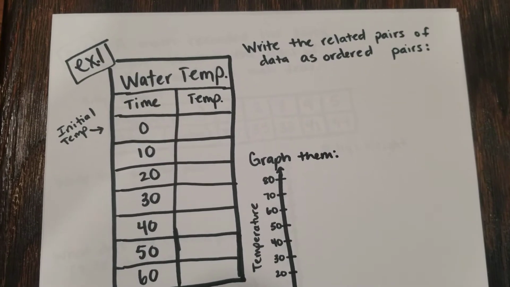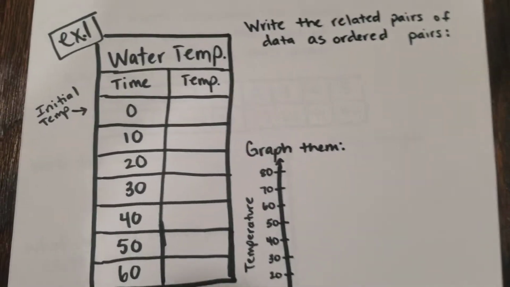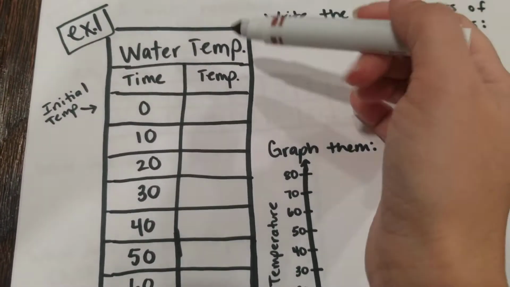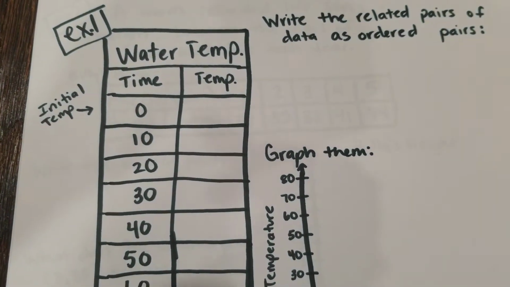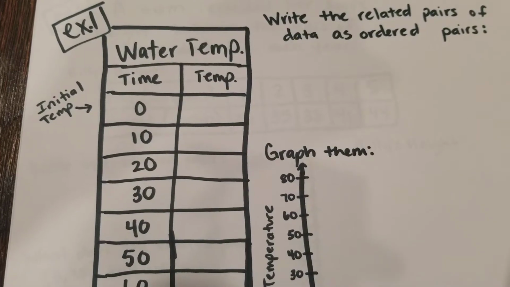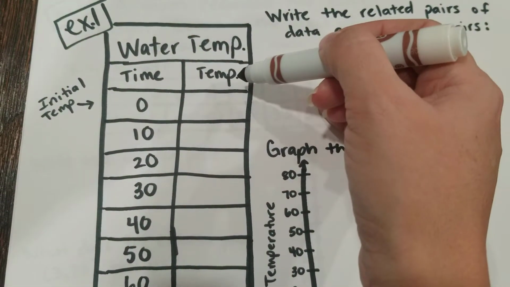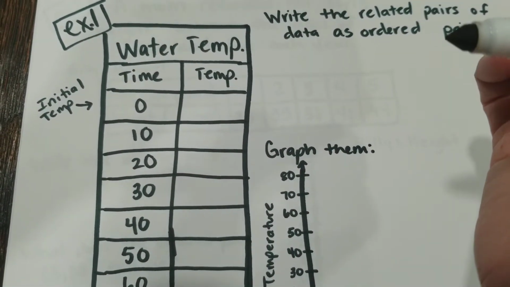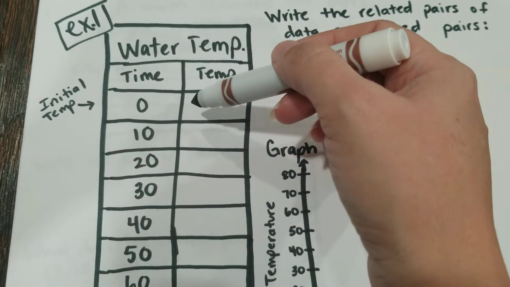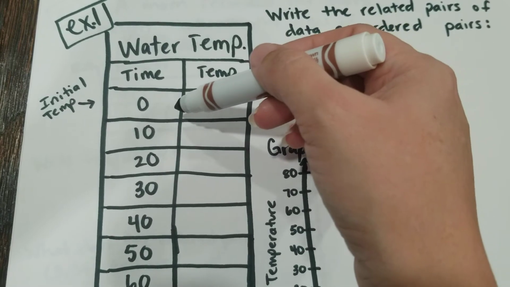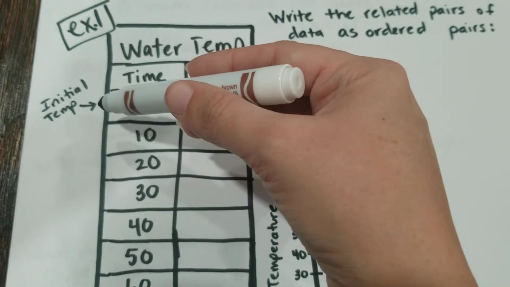Okay, so let's say there is an experiment going on where some kids have a cup of water and a thermometer measuring the temperature of that water to start. At the very beginning of their experiment, they're going to measure the temperature of that water, and that's going to be their initial temperature.